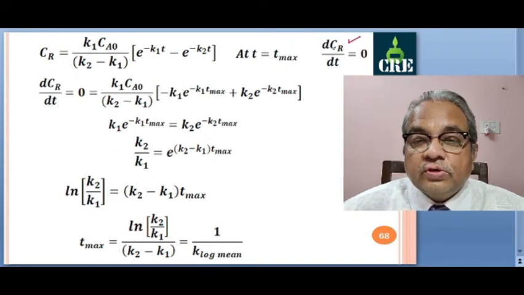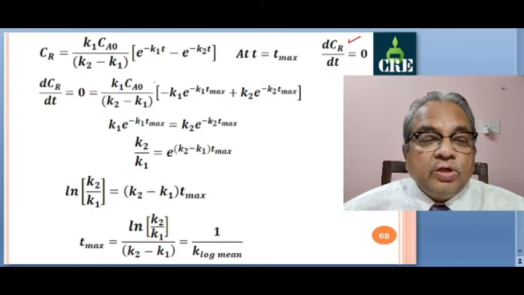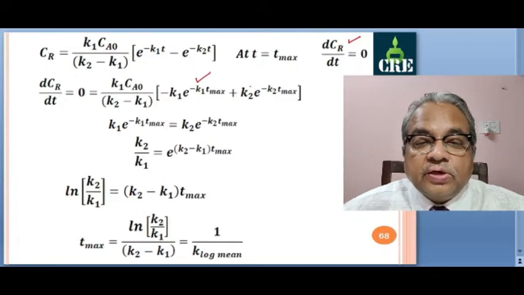Differential first derivative with respect to t is equal to 0, and that will happen at time t is equal to t max. So dCR by dt is equal to 0. In dCR by dt, this is common, K1 CA0 by K2 minus K1. Derivative of this gives minus K1 into e raised to minus K1t, minus minus plus K2 into e raised to minus K2t, and here when we write dCR by dt is equal to 0, we should write t is equal to t max.